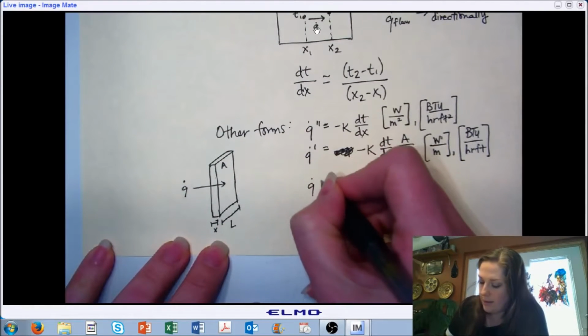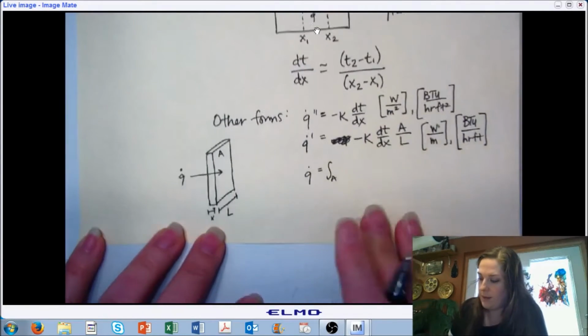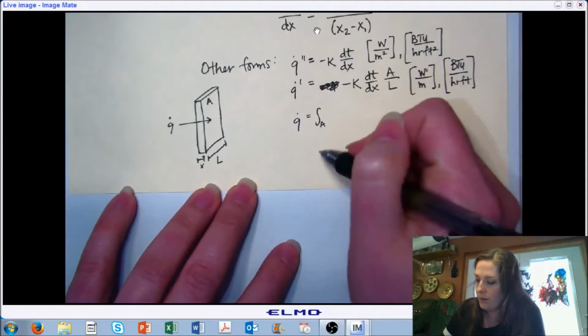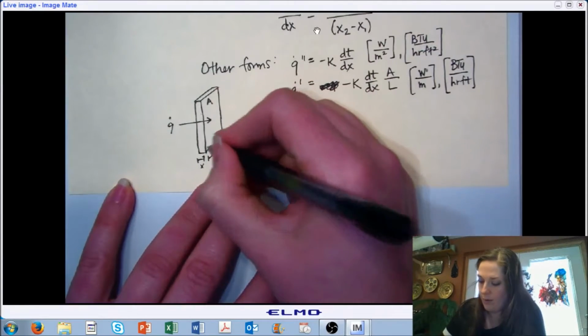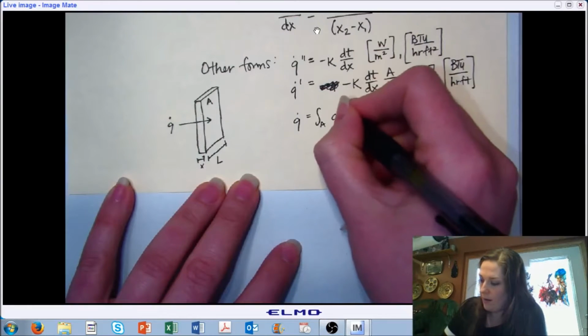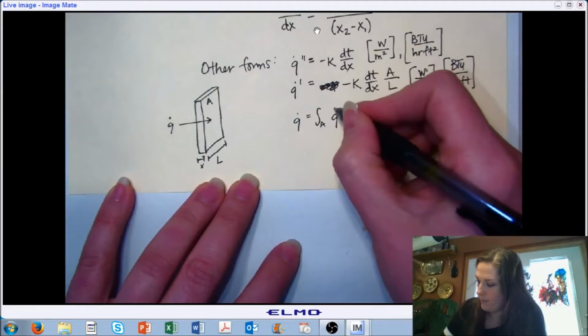And then some other ways you might see this equation cropping up. It's the integration over the wall surface, or over the area, of this equation up above.